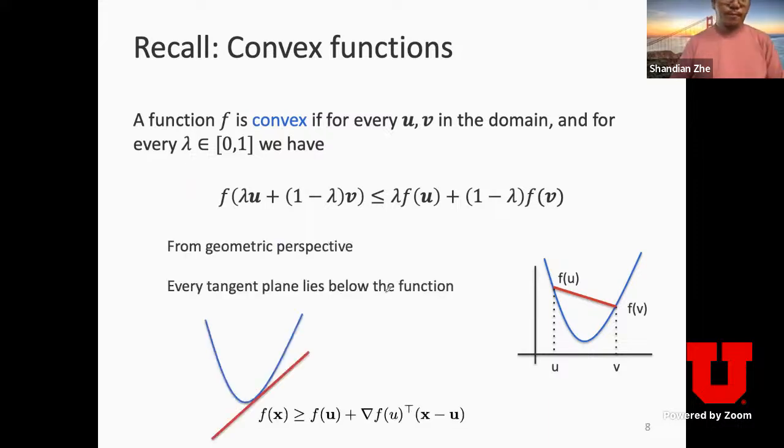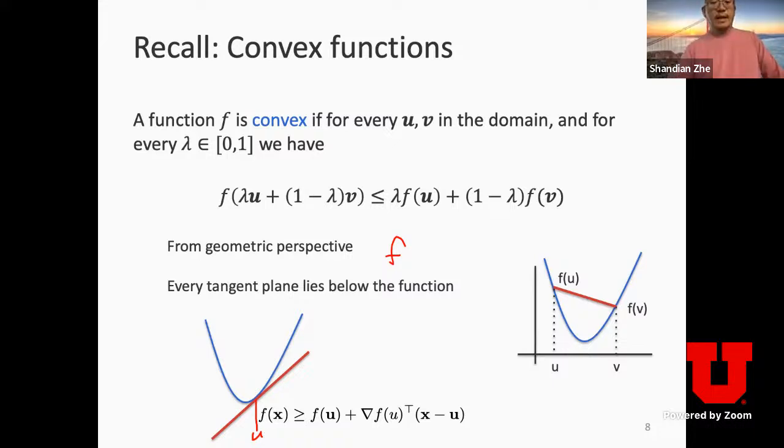There are a lot of associated properties of convex functions. One very important property is that if your convex function f is differentiable, then at any place, say u here, if you draw a tangent line at that place, the whole tangent line will stay below the function body.